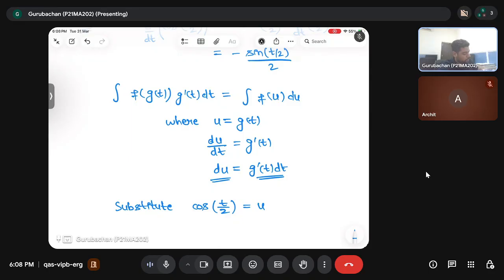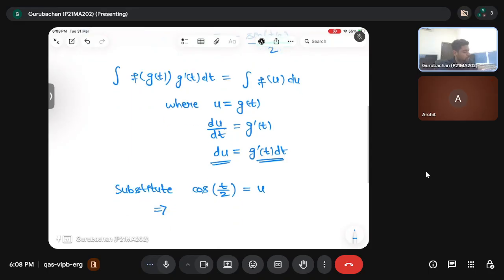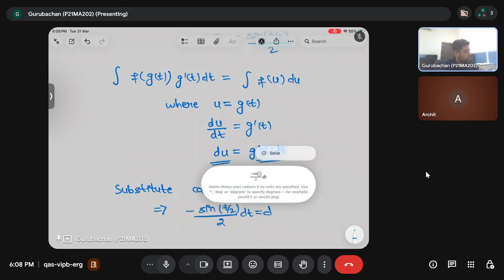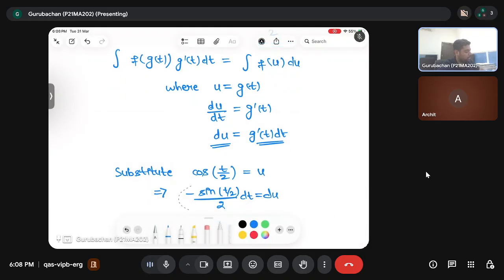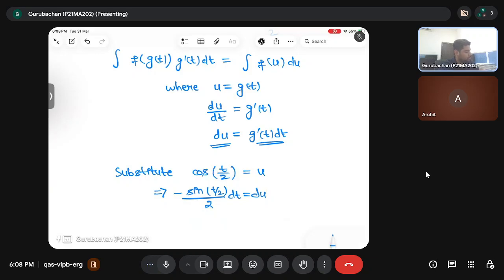Then the differentiation of cos t by 2, as we have done above, will be minus sine t by 2 into 1 by 2, dt equal to du. While solving the integral, we write the differentials like dt, du. So we can replace this term with du.